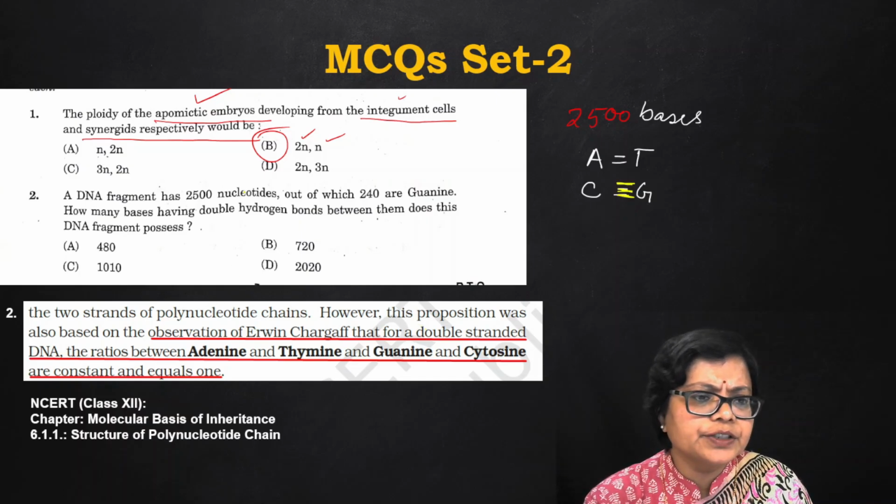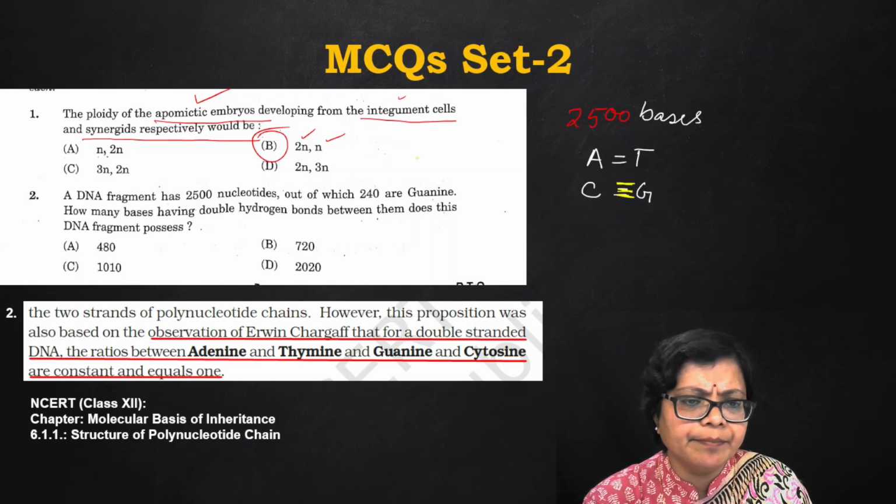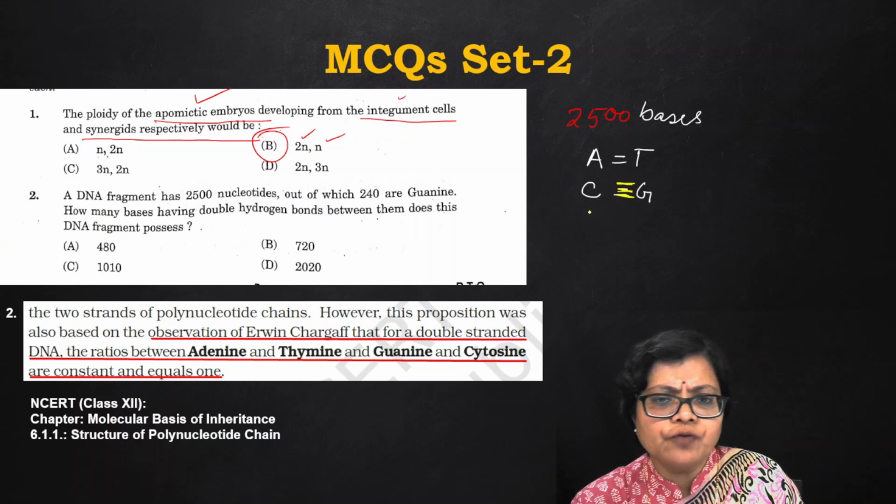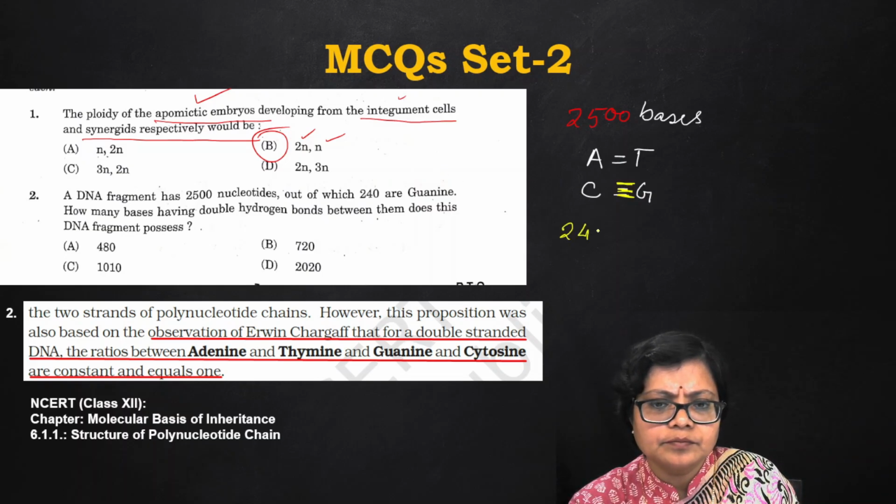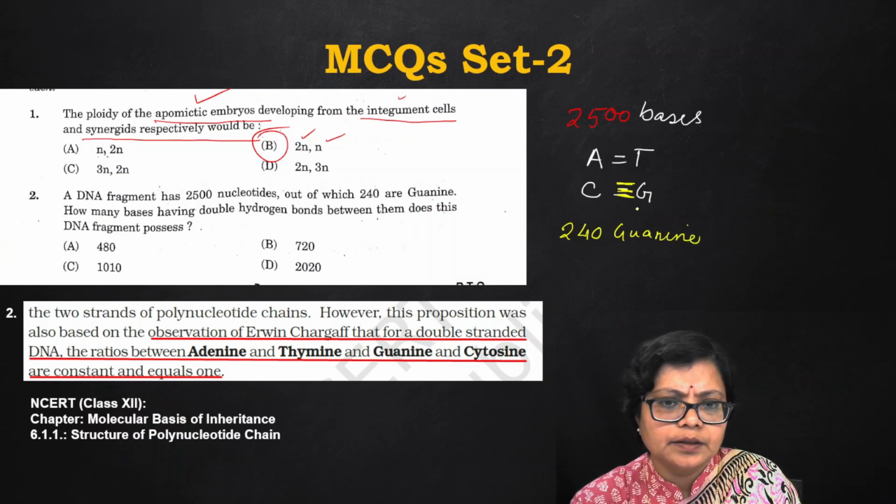So here the question is: how many bases having double hydrogen bond between them does this DNA fragment possess? Okay, so 240 guanine, that means cytosine also will be 240 as per Chargaff's rule.